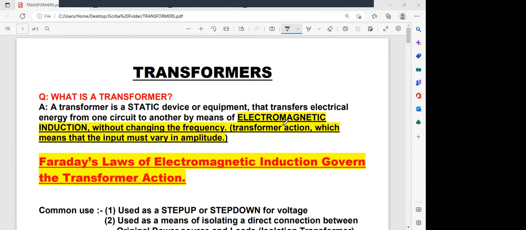Since we are talking about electromagnetic induction, everybody knows it is governed by Faraday's laws. So Faraday's laws of electromagnetic induction will be used as far as your transformer action is concerned.